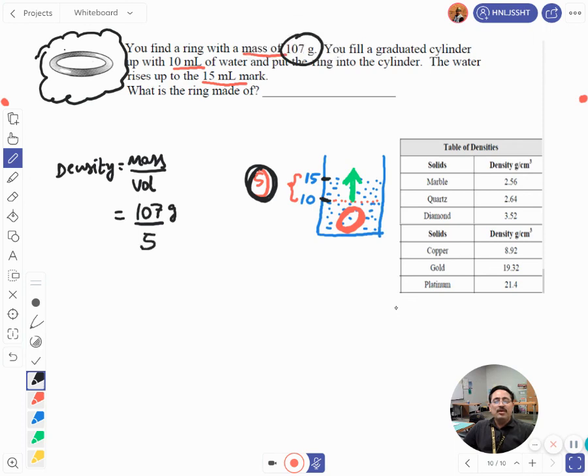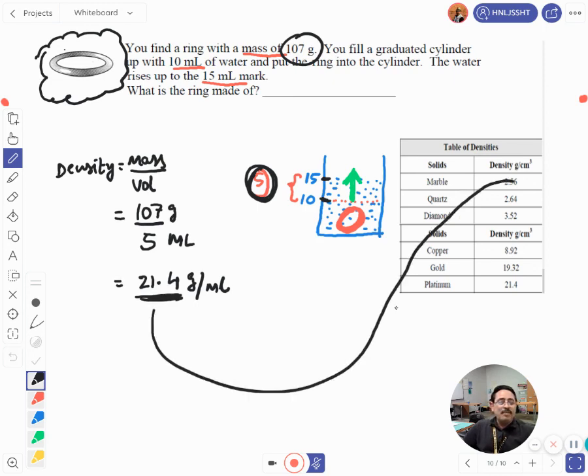Therefore, 5 milliliters. Now grab your calculator. It is 107 divided by 5. That's giving me 21.4 grams per milliliter. Now, I have to check, is it matching with this one?